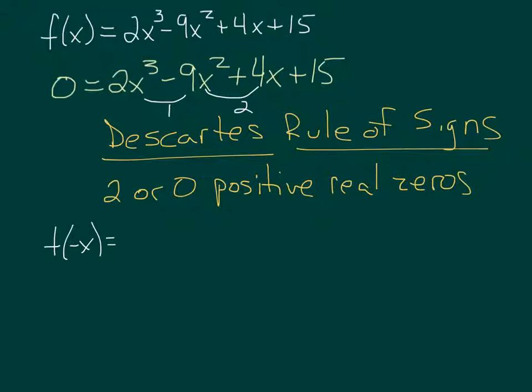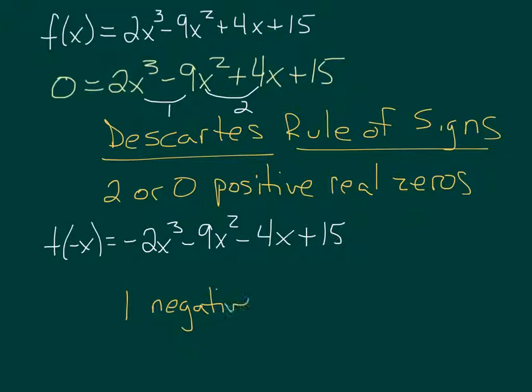So we would have negative 2x cubed minus 9x squared minus 4x plus 15. Now we're going to count the sign changes. We're negative all the way to the end, and so that's telling us that there is going to be one negative real zero.